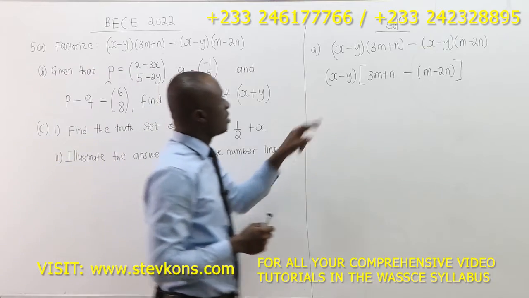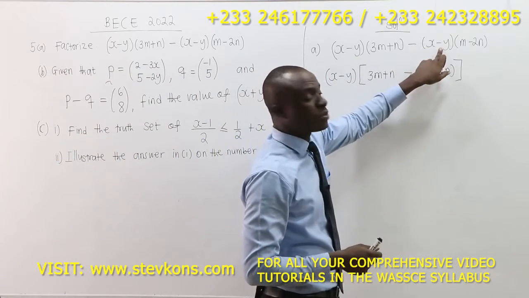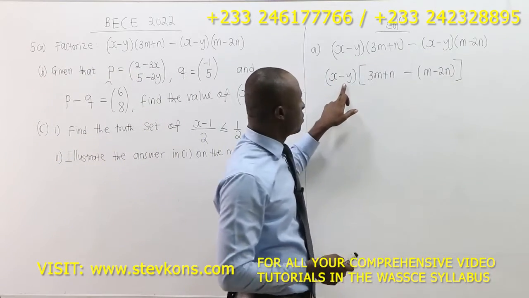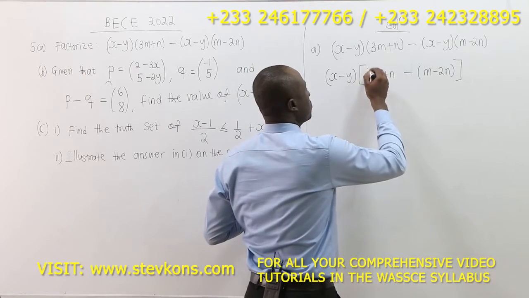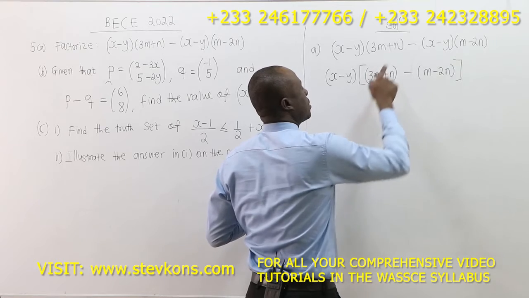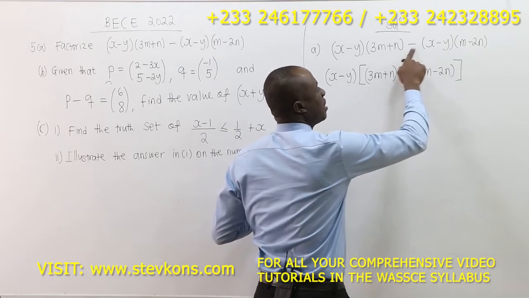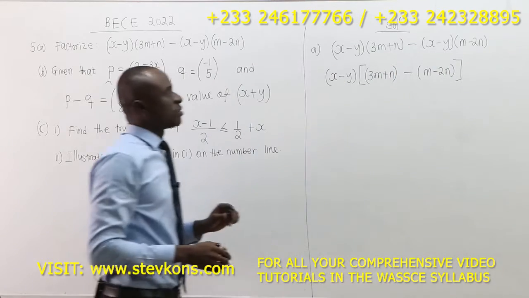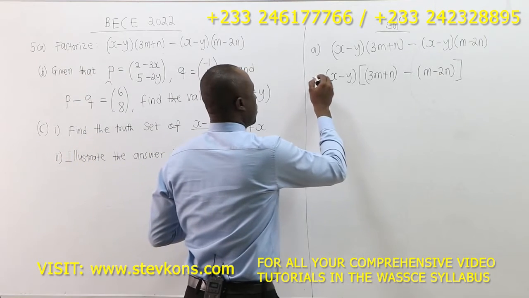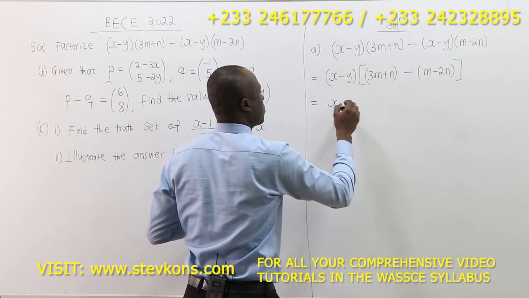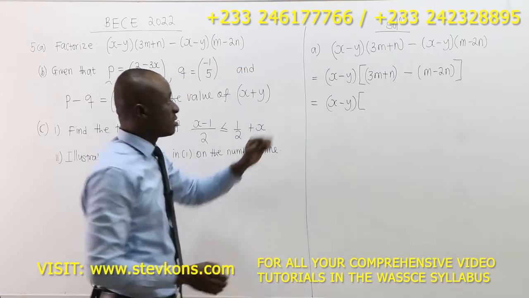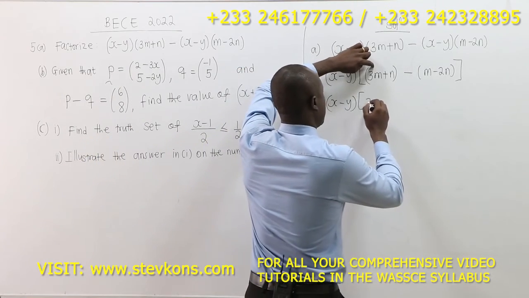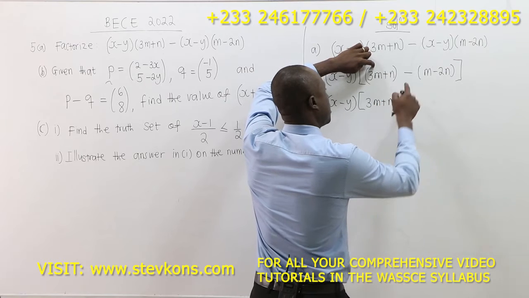Again, see x minus y, common factor. We factorize it out. That's what we have here. What do you have here? 3m plus n. Okay, let me put it in bracket, no problem. 3m plus n, that's what we have here, minus, and the negative is affecting over here. You put this one in bracket. But from here, we have our x minus y. I want to take that bracket from this one, so this is giving us 3m plus n.